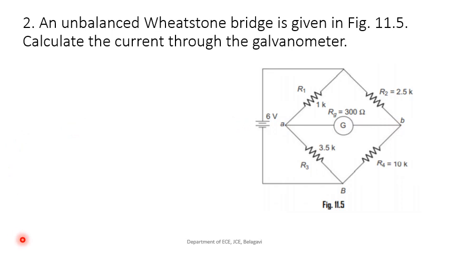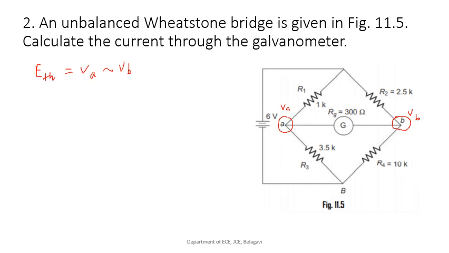So you have to find the voltage at this point, let us say VA, and the voltage at this point VB. Your Thevenin voltage, let us say ETH, will be the difference VA and VB. That will give you the Thevenin voltage.